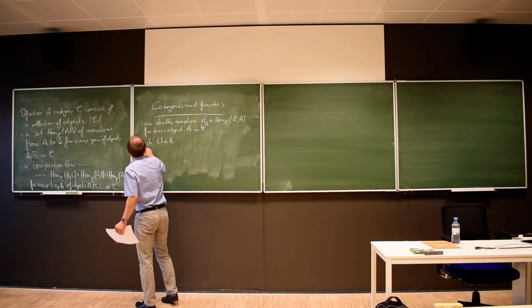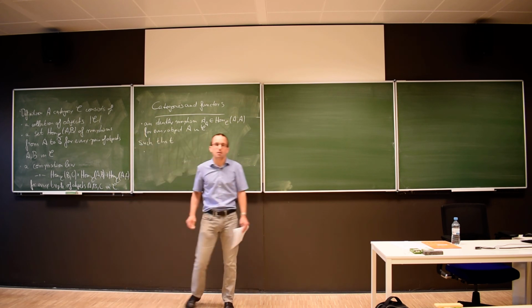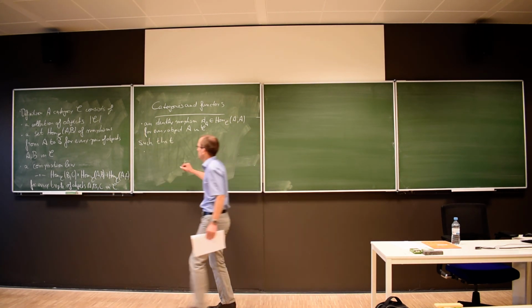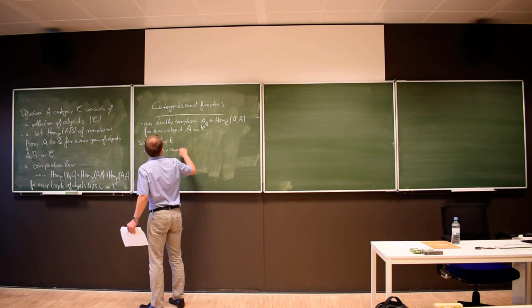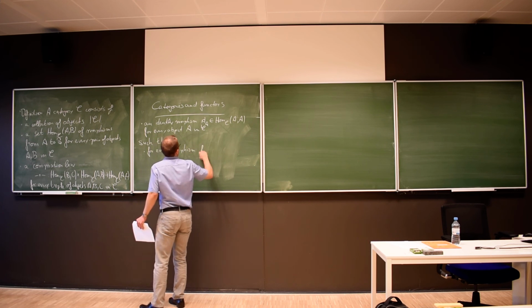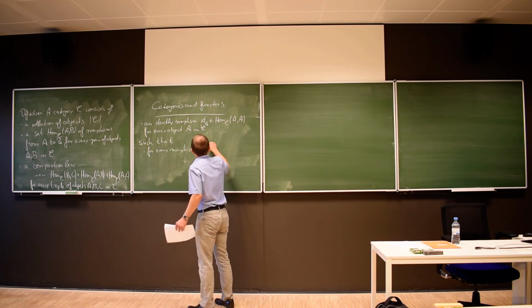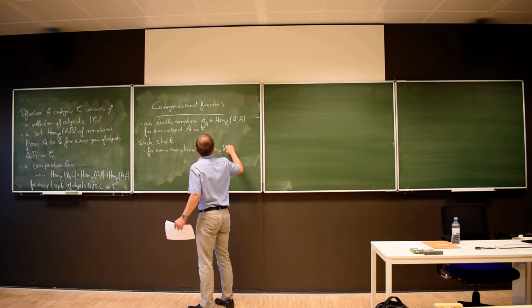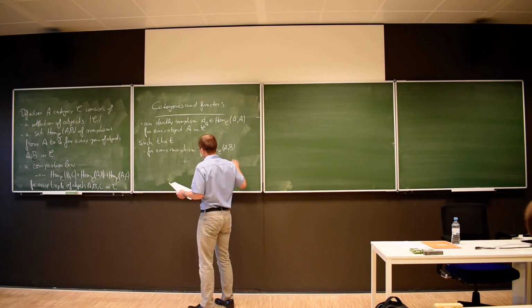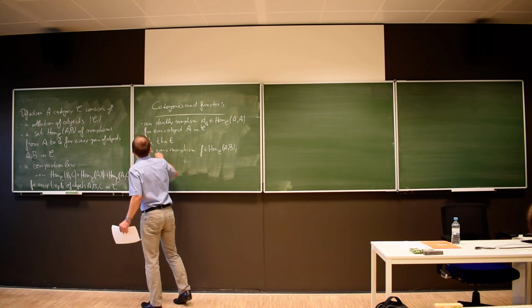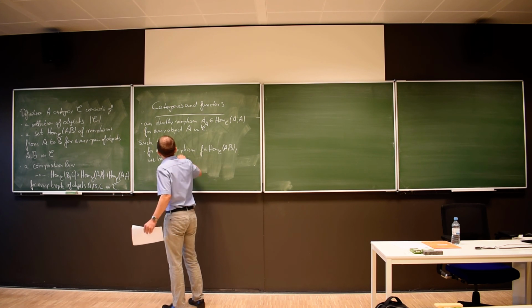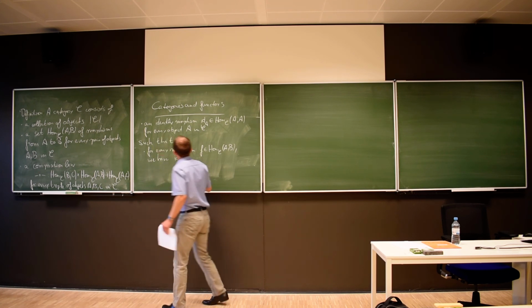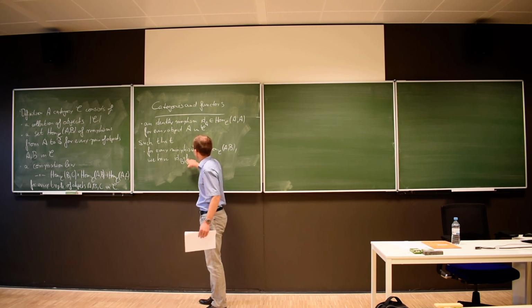The first is that the identity morphisms behave like identity morphisms, meaning that for every morphism f in the set of homomorphisms from A to B, if we compose the identity on B with f, then it's the same as f.